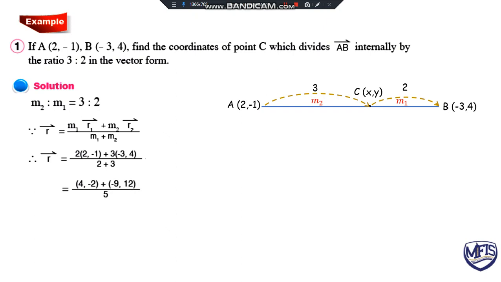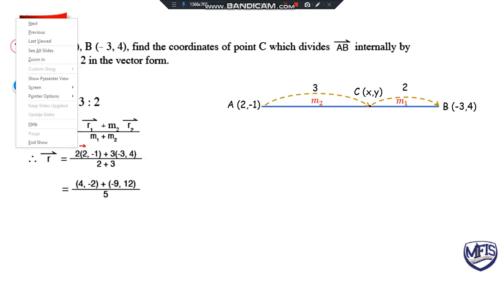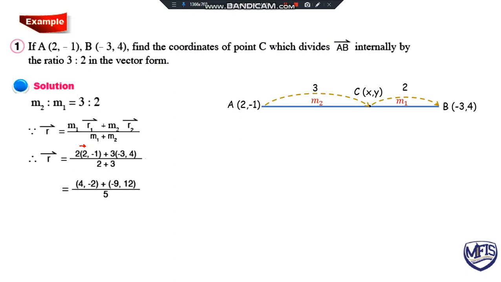So 2 times the ordered pair (2, -1) will be (4, -2), and 3 multiplied by -3 will be -9, and 3 by 4 equals 12.